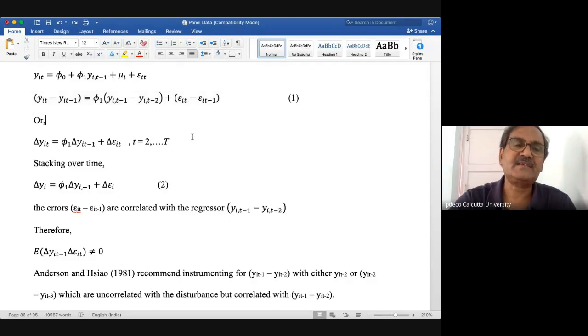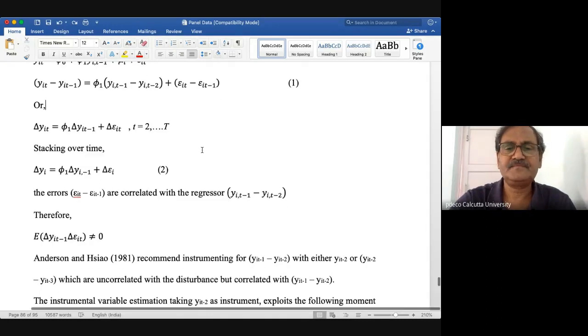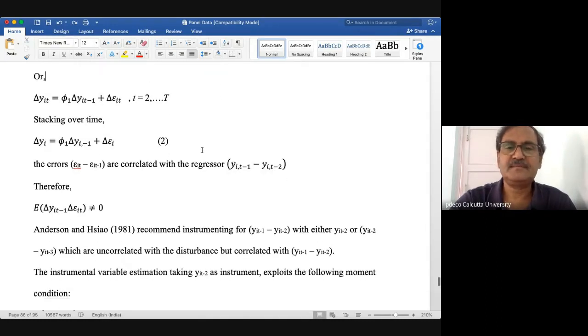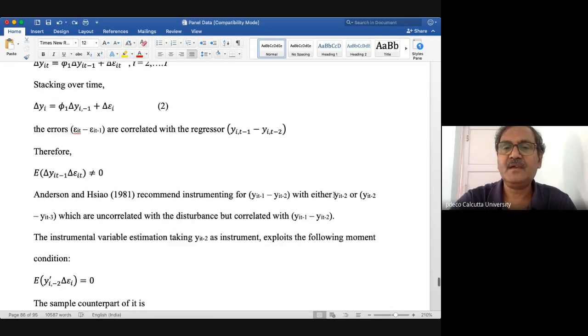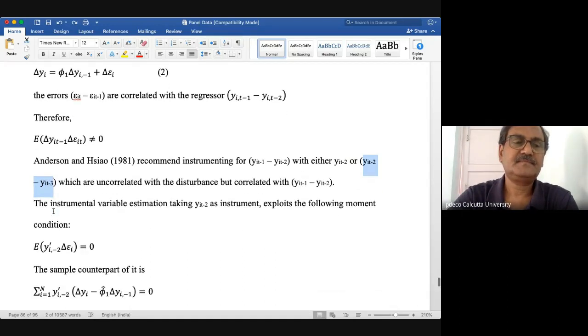Therefore, in the Anderson and Xiao model, the possible instrument may be yit minus 2 or yit minus 2 minus yit minus 3. Okay?